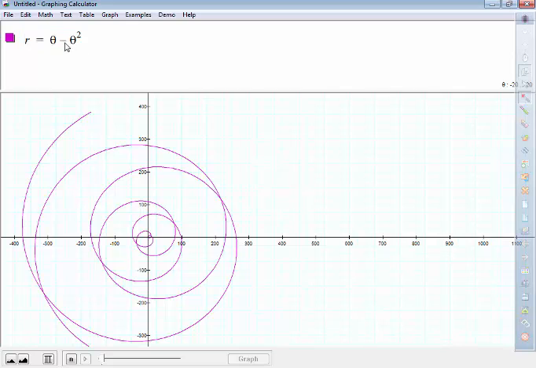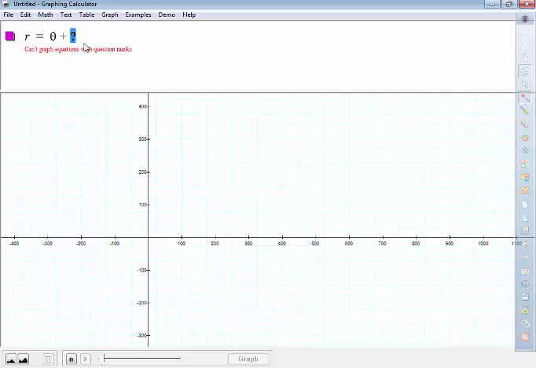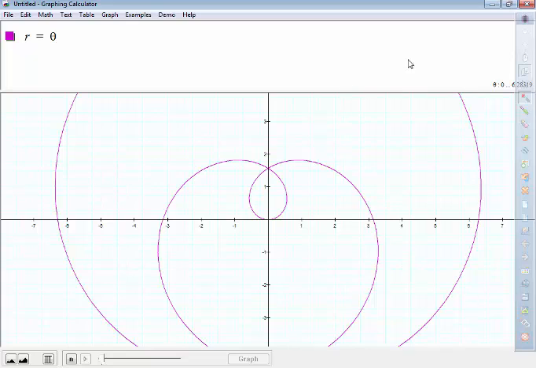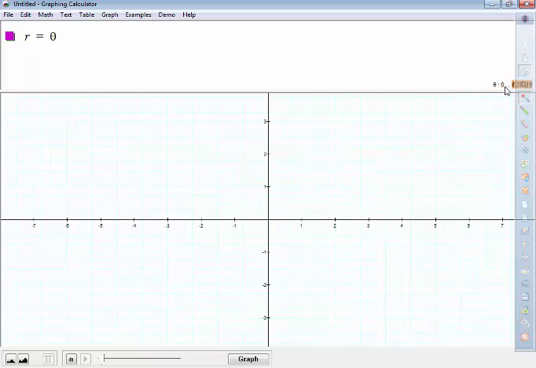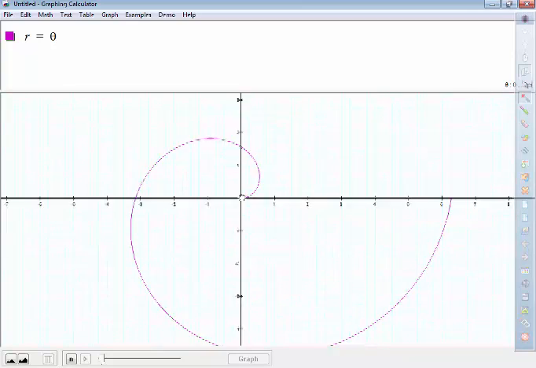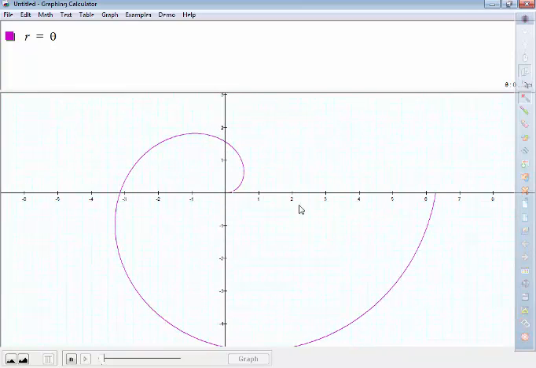So I'm going to go back to this graph and do a regular graph, and go from 0 to 2 pi, so that I'm looking at this graph.